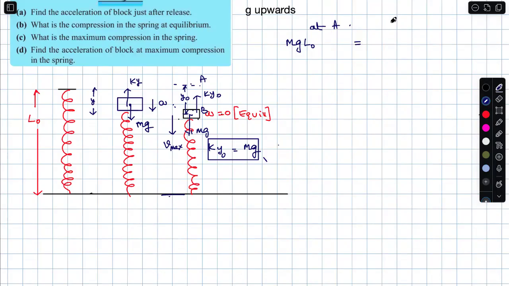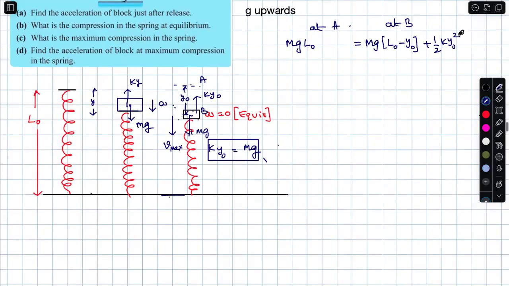So at B, what are the different forms? At B, the height term is mg(L0 minus y0), plus there is some energy in the form of compression, half k y0 square, plus half m v maximum square.